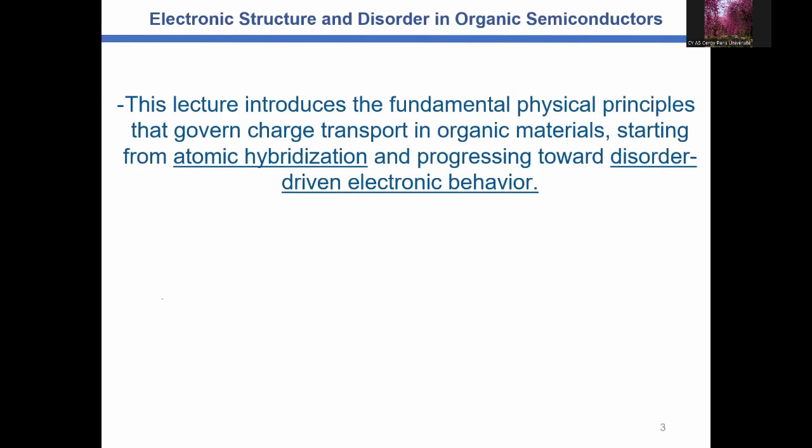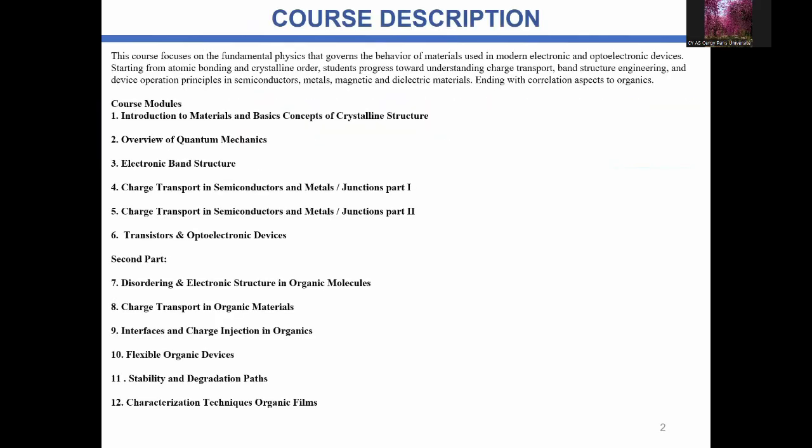To start, as we finished last class on the transistors, and also the optoelectronic devices, I just gave an overview on how it works. Now we are moving to disorder.